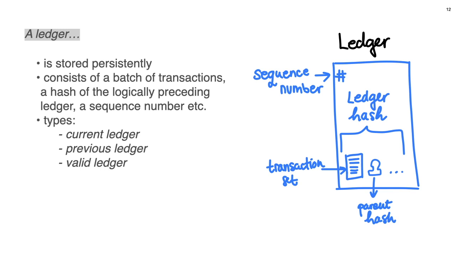Each node locally maintains 3 different ledgers. First is the current ledger, which is in the process of being built during a consensus round. Then the previous ledger, which represents the most recently closed ledger, and the valid ledger, which is the last fully validated ledger in the network.